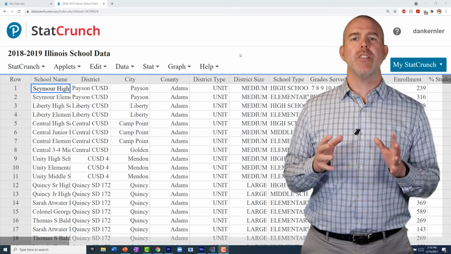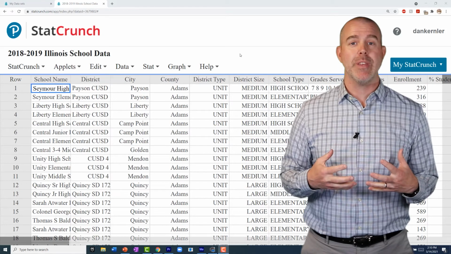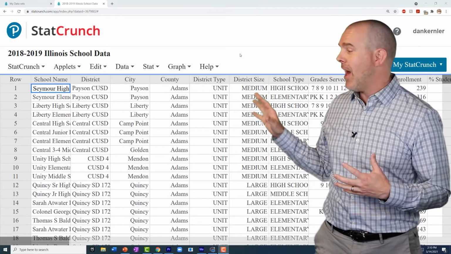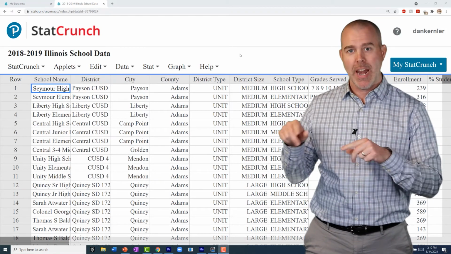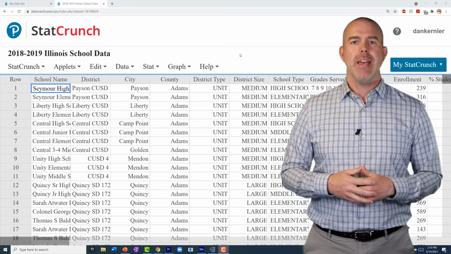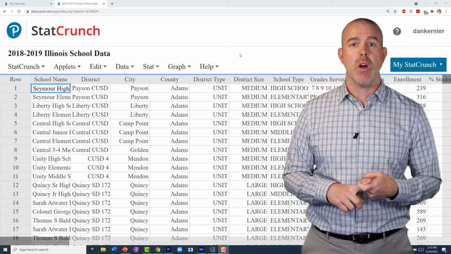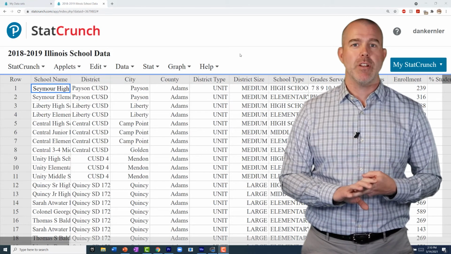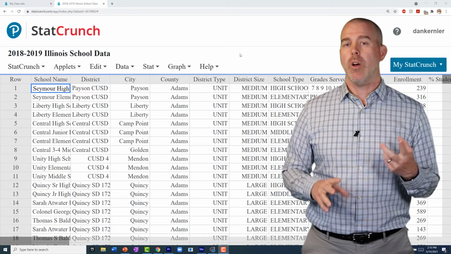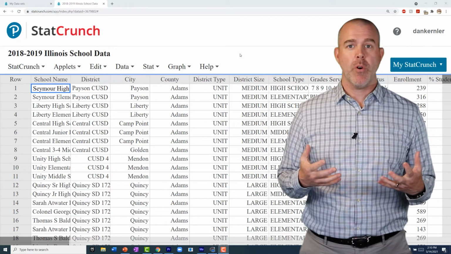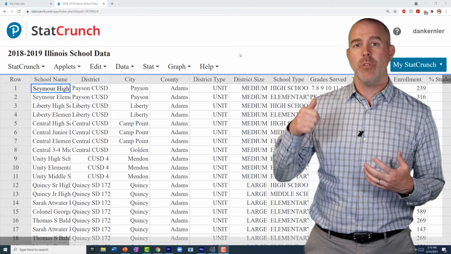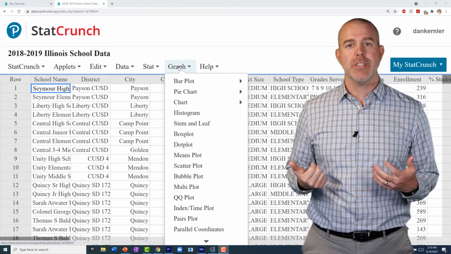All right, let me finish this video by talking about how to do this in StatCrunch. I've got our state education data. Again, I'll put that link in the description. And let's look at this relationship that I was investigating between the percent of students who are low income and the average SAT math score. So the scatter plot is pretty straightforward. It's just a plot. So we go to graph and scroll down to scatter plot.